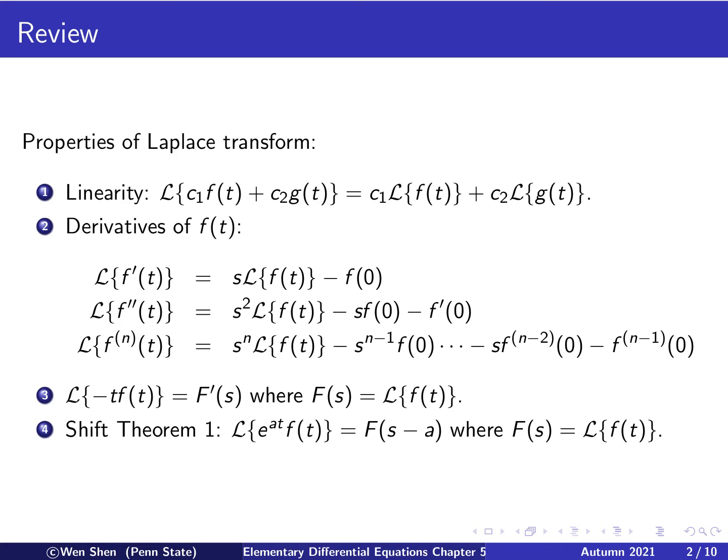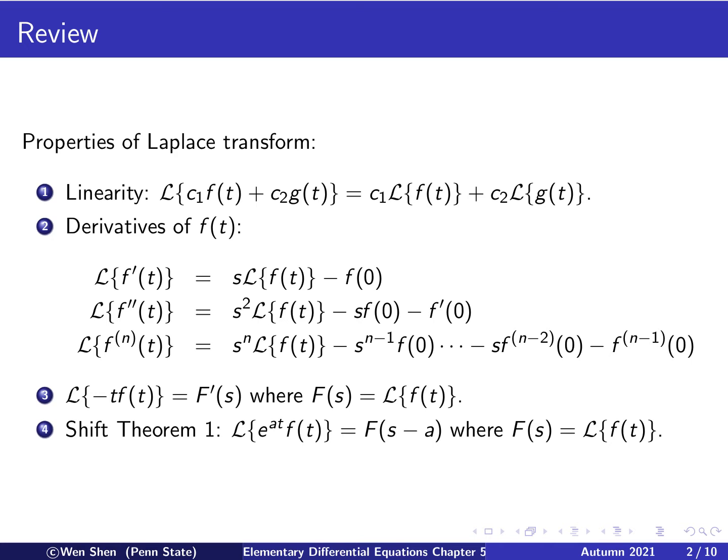There is a version for the second derivative: you multiply by s squared, and you pick up two initial conditions, for f and f prime at 0. This goes up to the nth order derivative, where you have s^n times the transformed function plus the initial conditions of the lower derivatives.